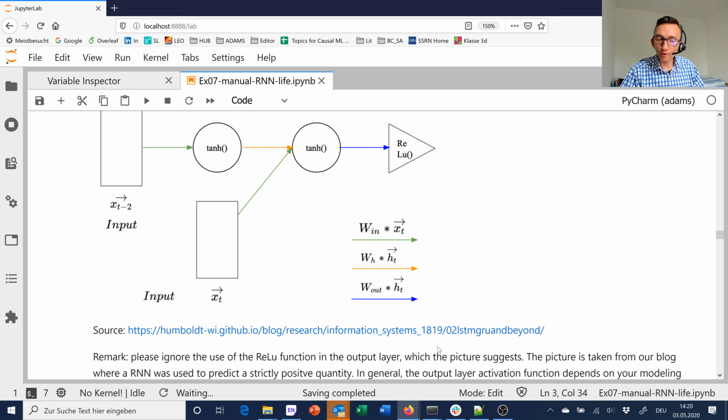And in order to model that, the group used a ReLU activation function in the output layer, which makes sense. It's exactly the same configuration that we were using in an earlier tutorial to simplify our manual backpropagation. But normally here, the output layer activation, as you know, depends on your task. It could be a softmax, could be a linear function, but as you see, can also be a ReLU.